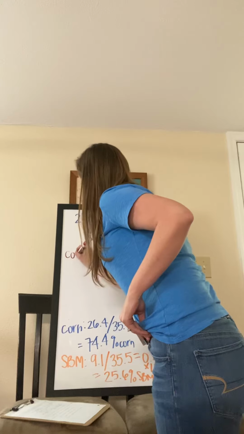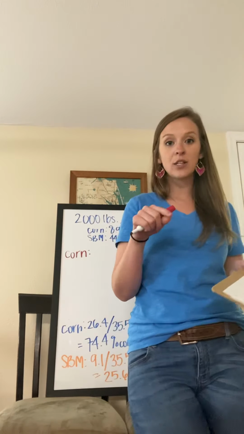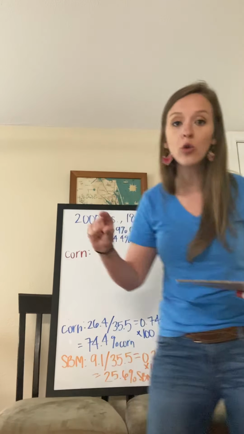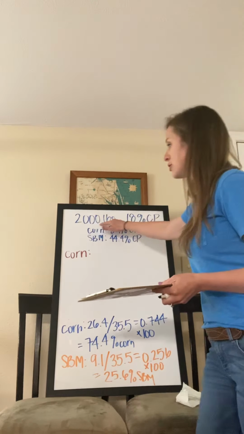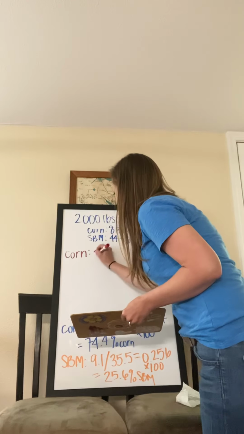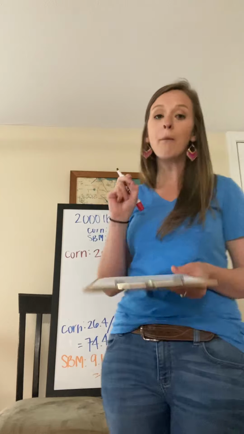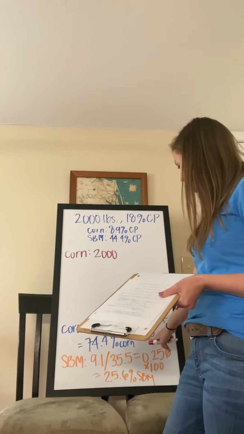All right. So how we convert from the percent to the pounds is we're actually going to take our total pounds that we want at the end. So our total pounds we want at the end is 2,000. So we're going to say 2,000. And we're going to multiply by the percent that we got.